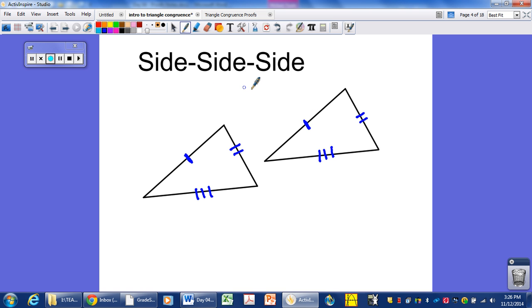So if you could show that 3 sides, this is called the side postulate. If 3 sides of one triangle are congruent to 3 sides of another triangle, then the triangles are congruent to each other. So one method is by showing that 3 sides are equal.